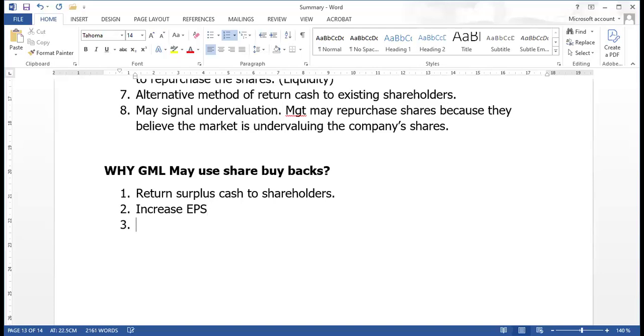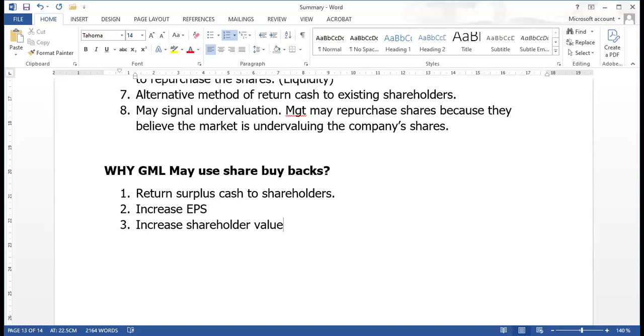Why also we use share repurchase could be that we want to increase the shareholder value. The shareholder value comes from the fact that the entity believes its shares are undervalued. So repurchasing them allows the remaining shareholders to own a larger proportion of the business, which ideally increases their value.